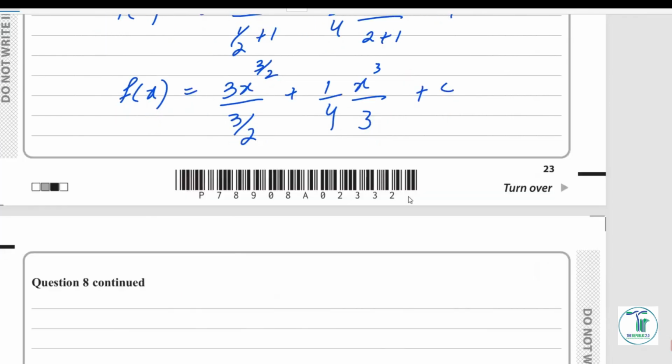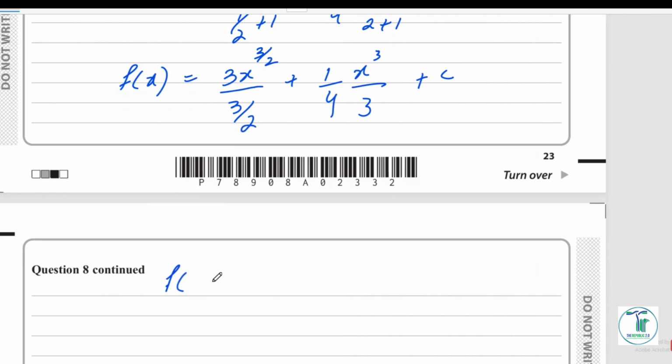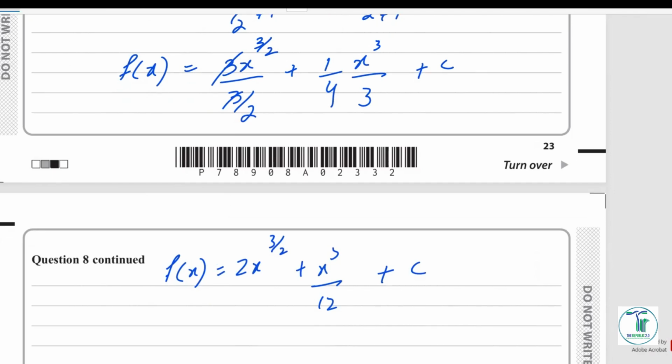And then we can get f of x is equal to, 3 cancels out by 3, so 2x to the power of 3 by 2 plus x cubed divided by 12 plus c. So the thing is that now we do not have c, so we need to find out c first.